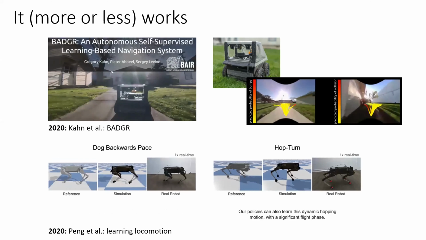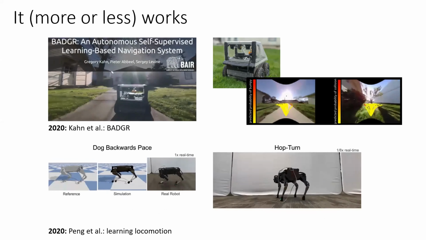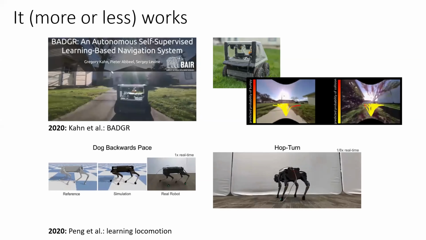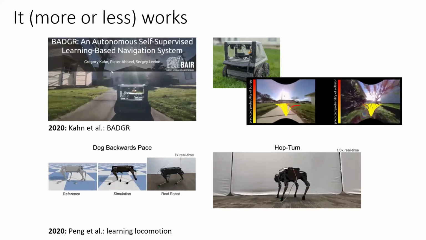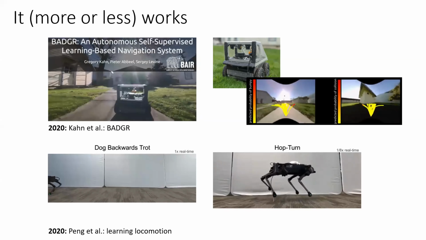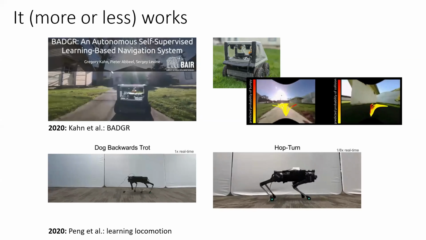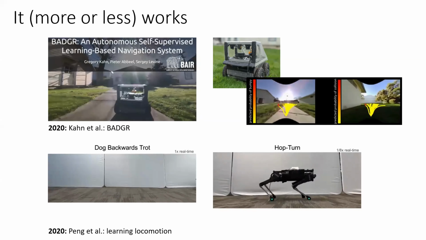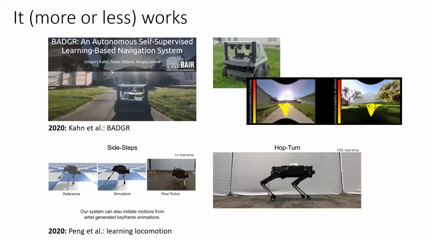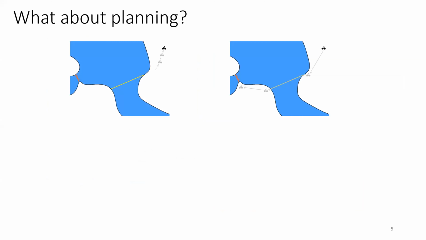But of course, in keeping with the topic of this workshop, the thing that I'm going to focus on today is how we can move from this kind of recipe, which seems to learn individual skills, to longer horizon planning. To provide an analogy for this, this is a map of the San Francisco Bay Area.